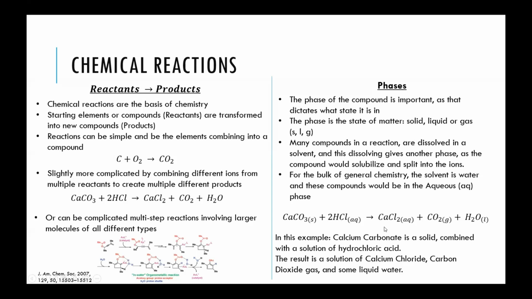This generates a solution of calcium chloride, carbon dioxide gas, which bubbles away, and some liquid water in its pure form. This would be the balanced chemical equation indicating each one of the phases and all of the varying elements throughout both the reactants and the products.